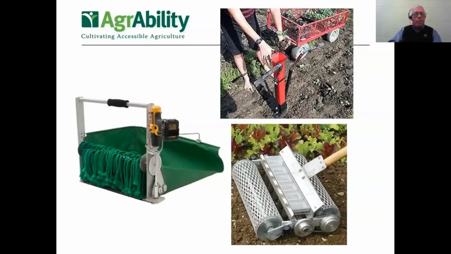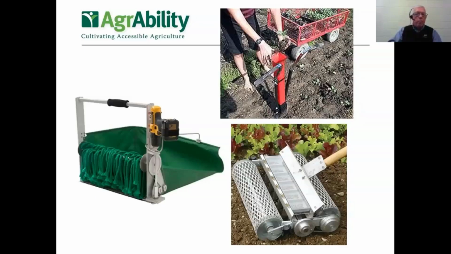You have a cordless drill attached to it, and there is a sickle mower down at the bottom that cuts it off, and the cords rotate, kicking the greens that you've cut off into the basket. A lot easier on your back and a lot quicker.